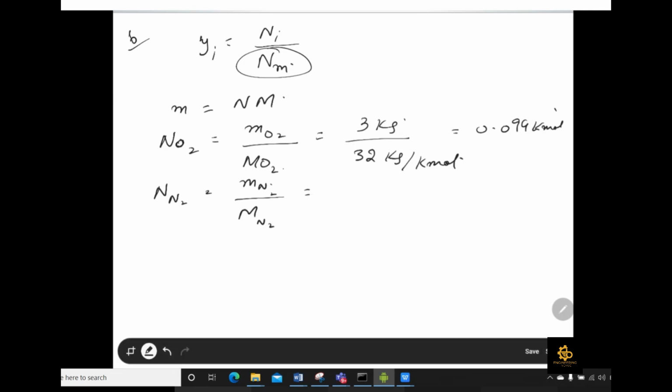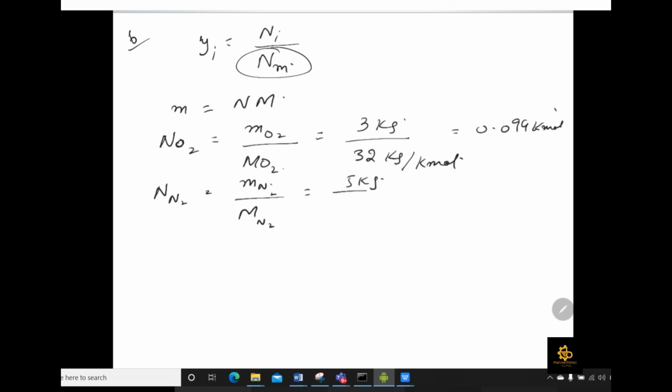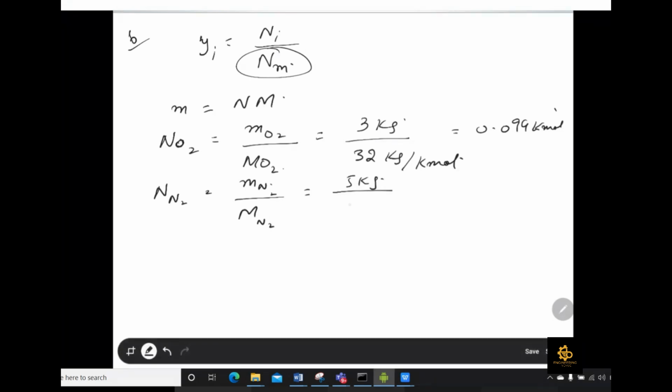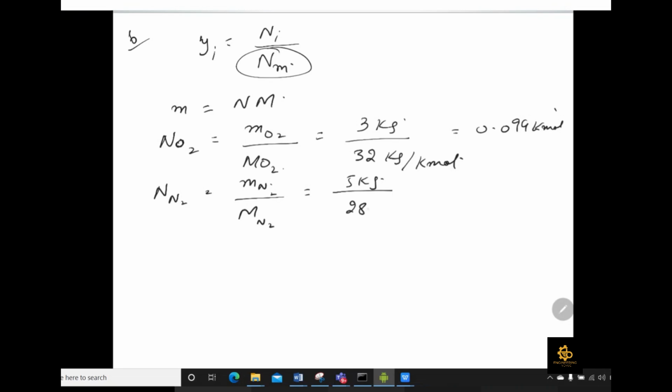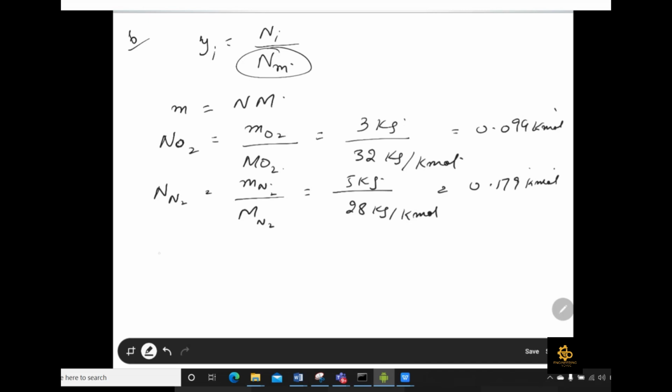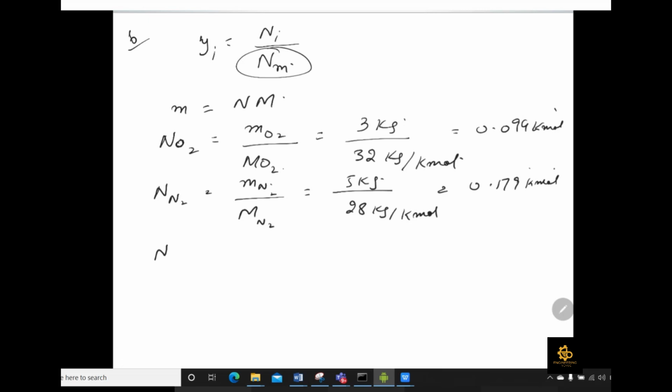The mass of N2 is known from the question, which is 5 kg, and the molar mass of N2 you can find from table A1, which is 28 kg per kilomole. Dividing these two, we get 0.179 kilomole of N2.